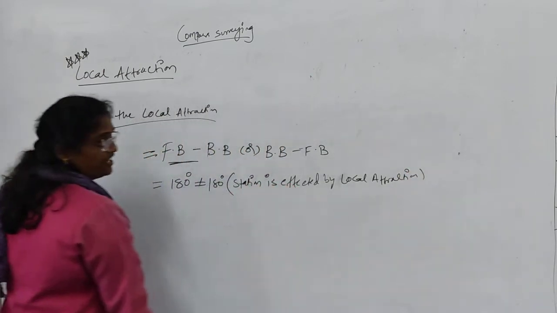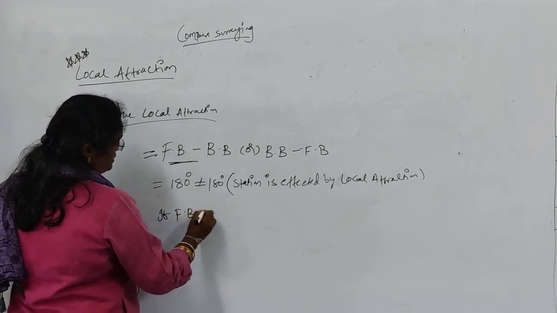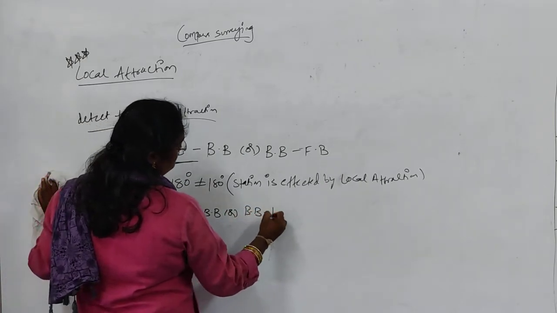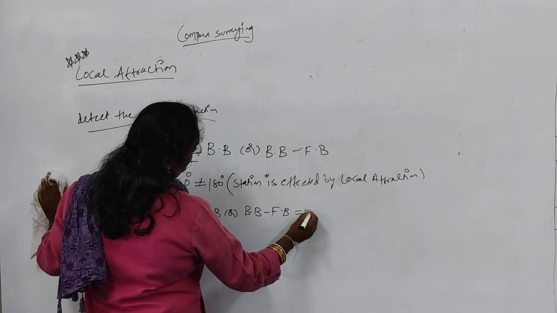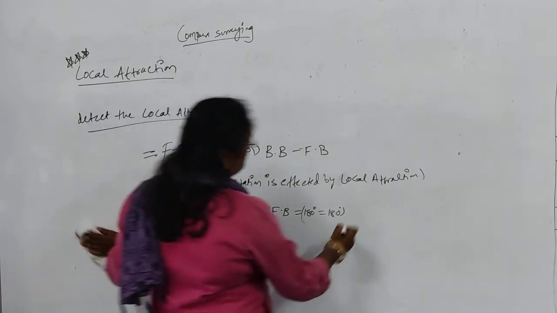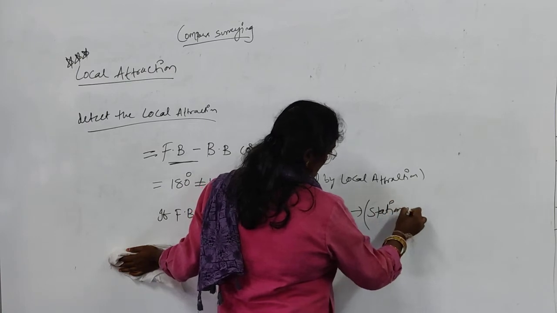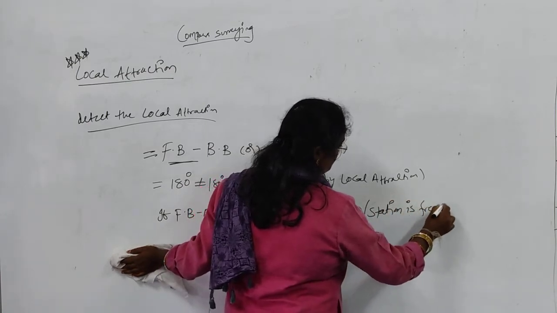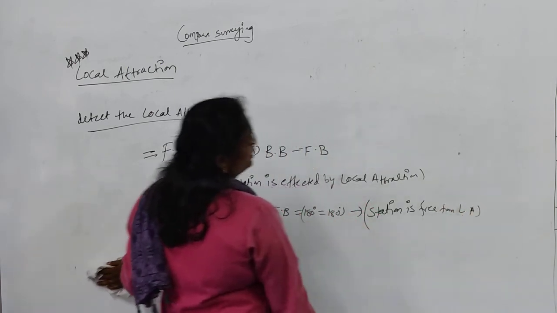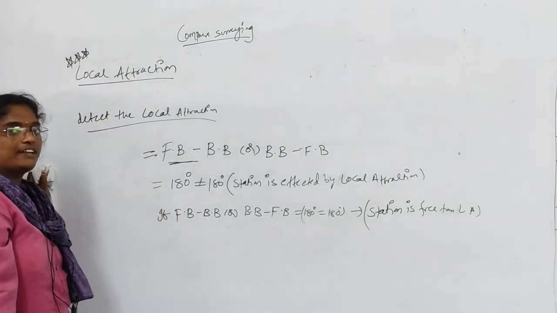If fore bearing minus back bearing, or back bearing minus fore bearing, is exactly equal to 180 degrees, then the station is free from local attraction.